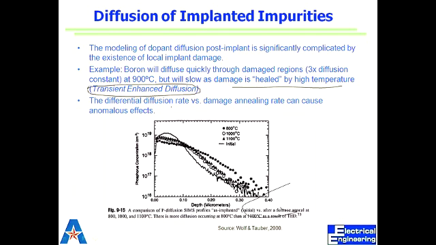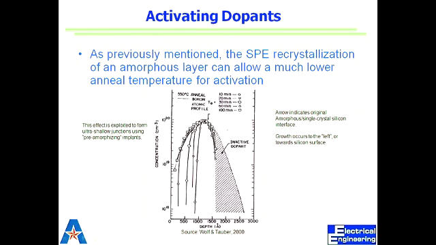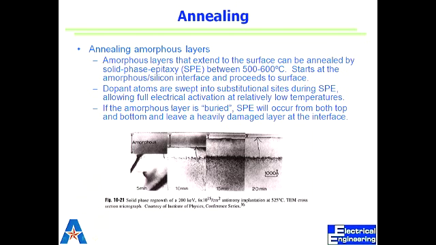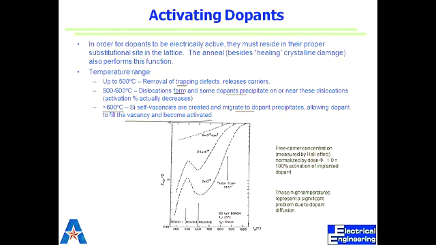Not necessarily. TED is good because you can implant a very thin layer and then diffuse it quickly to the profile that you need. For shallow junctions, yes, this is to our advantage. But uncontrolled is not something that we need. What we call SPE, solid phase epitaxy, is what brings the amorphous material back to a crystalline shape.